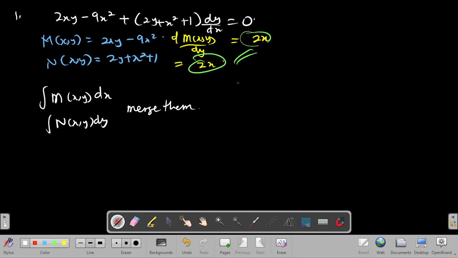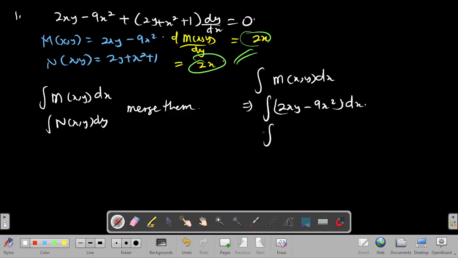Let's do that here. So the integral of M of xy dx, how do I do that? I'm going to have the integral of 2xy minus 9x squared dx. When I integrate this, what am I getting? With respect to x, please take note: if you are integrating with respect to x, you don't touch the y part.